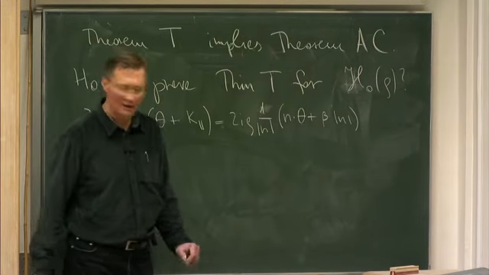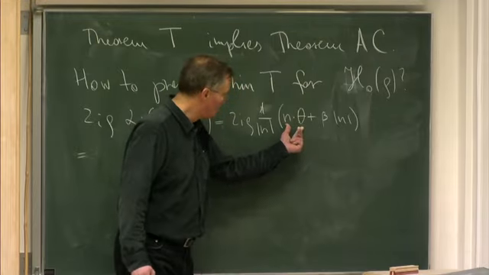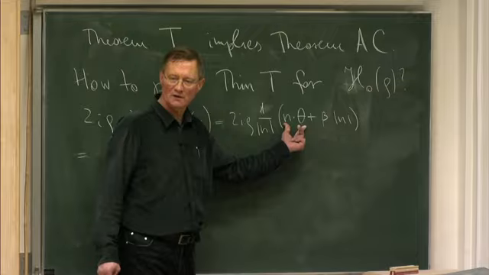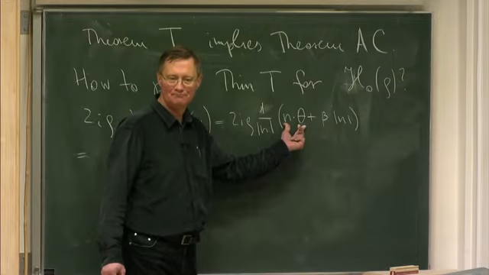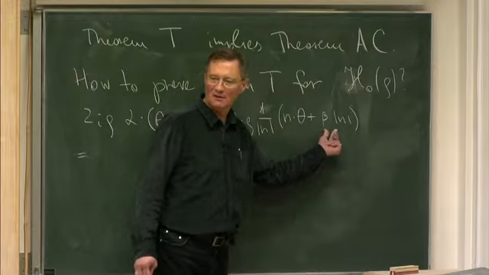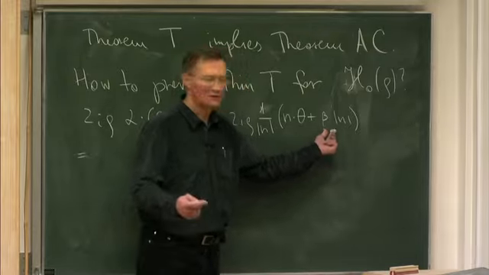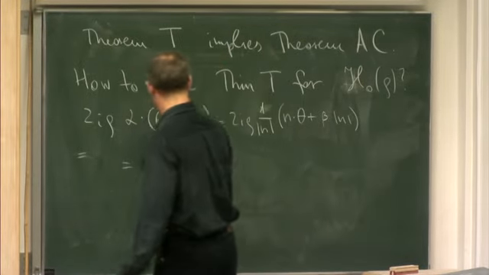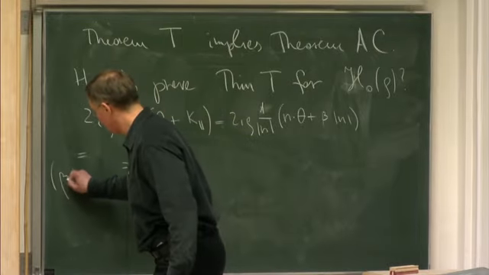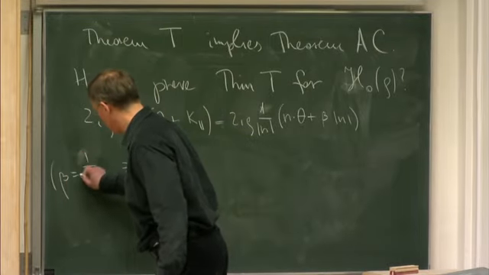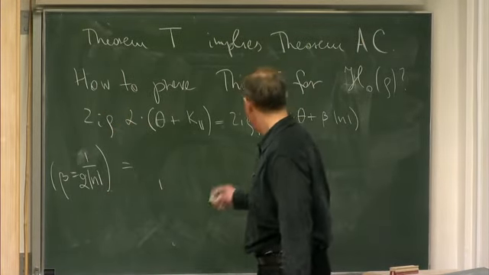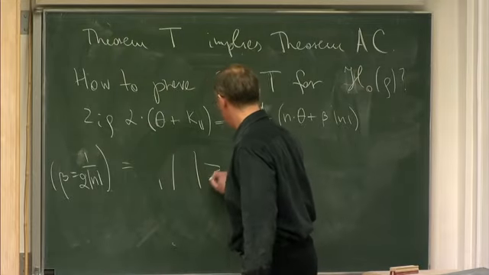So what is going to happen now? We have here n times theta. This is something which is always integer, so let's take beta in such a way that it doesn't fall into integers, this product. So let's take beta to be 1 over 2n. Okay? And then this guy is going to be bounded.